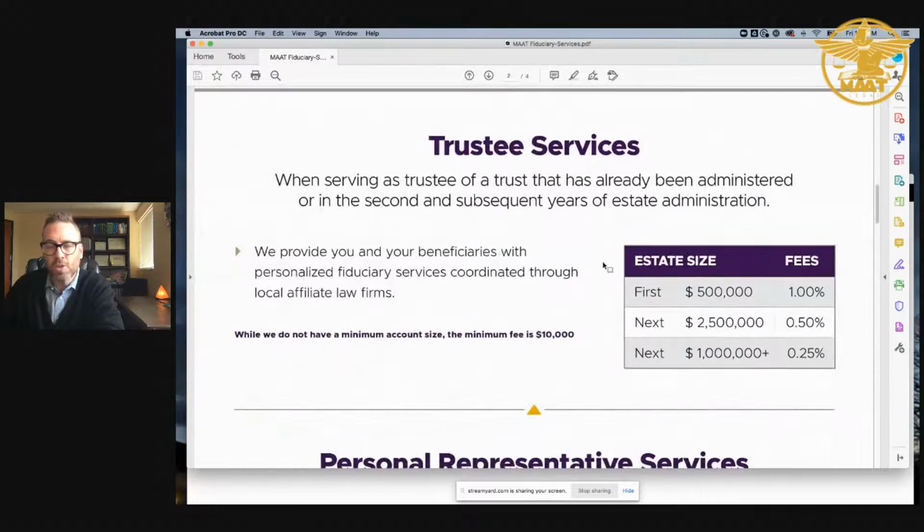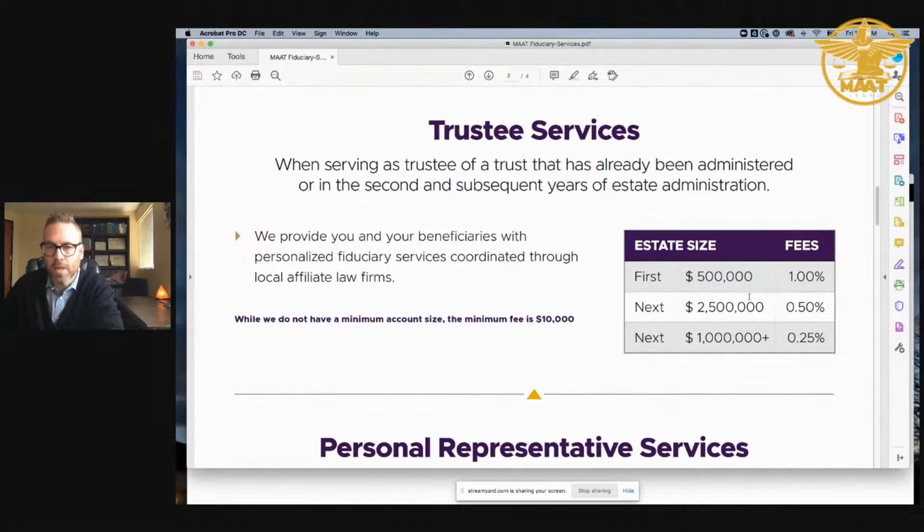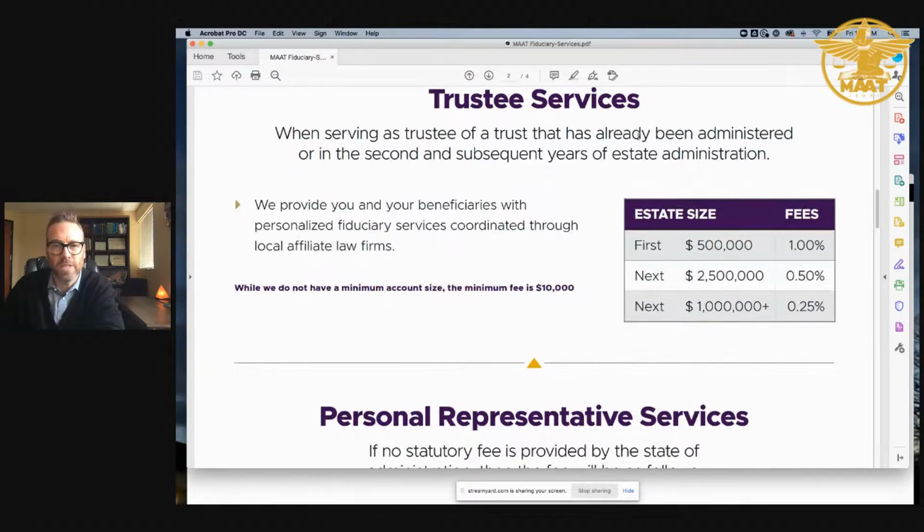And then year 2 for the individual trust, it's going to be 1% of the first $500,000, and then 0.5% of the next $2.5 million. So the fees for trustee services are quite a bit less than the estate administration.